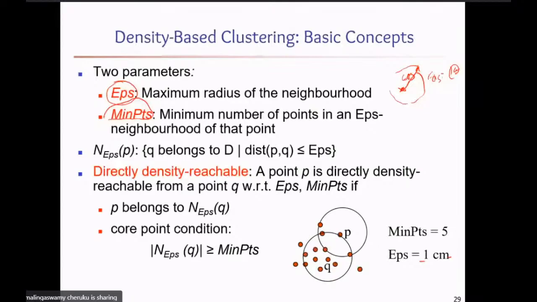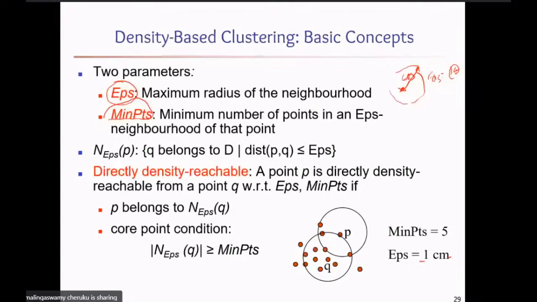We will find the reachability distance of every point, and we will arrange them in some sorted order, ascending or descending, according to the reachability distance. That's why we will have some order, the cluster order of the objects. We will order these data points according to the reachability distance.